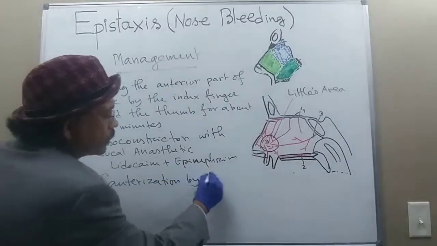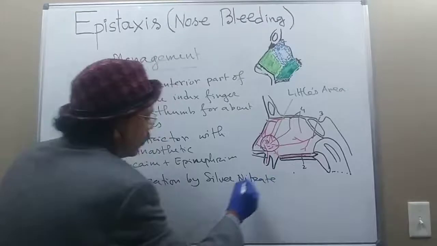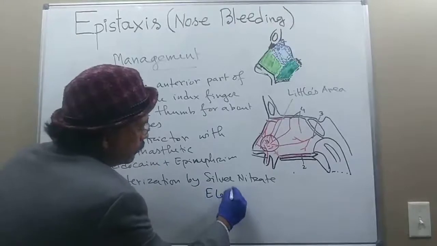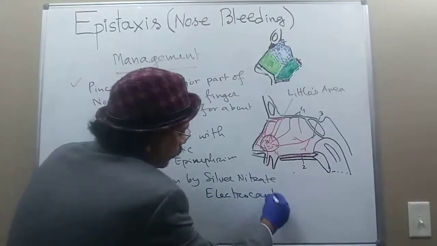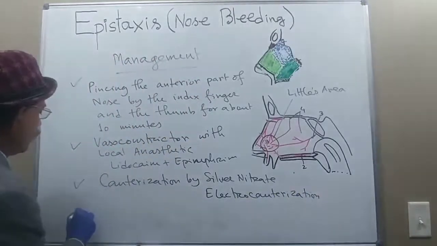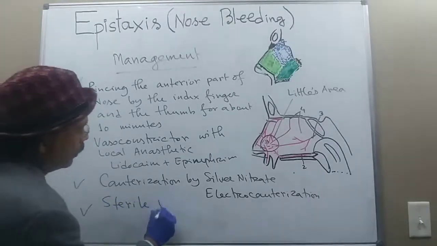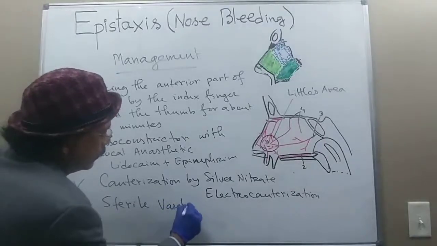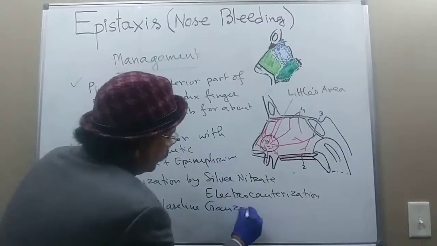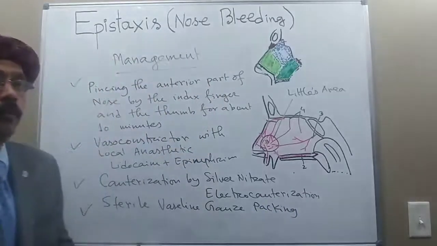by silver nitrate, or if that does not work, electrocauterization. It may also need sterile Vaseline gauze packing, anterior nasal packing or posterior nasal packing.